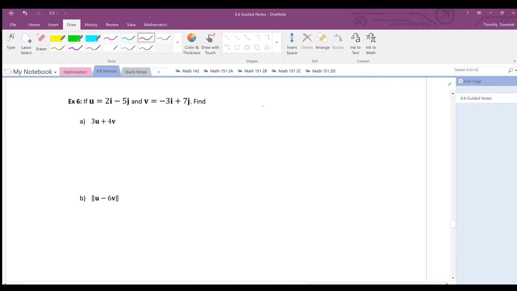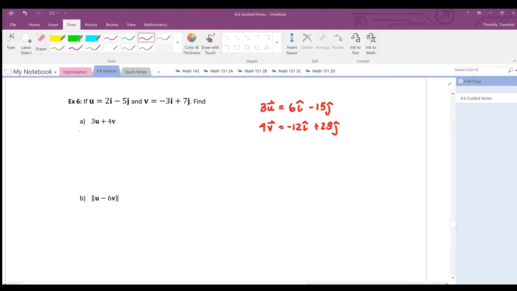So 3u is going to be equal to 6i, and then 3 times minus 5, so that's minus 15j. And we'll do the same thing with v, except with v we want to compute 4v. And so this is minus 12i, and then 7 times 4, so 28j.